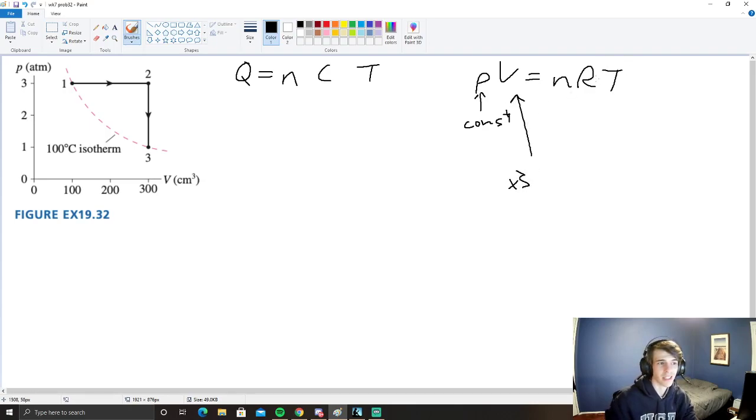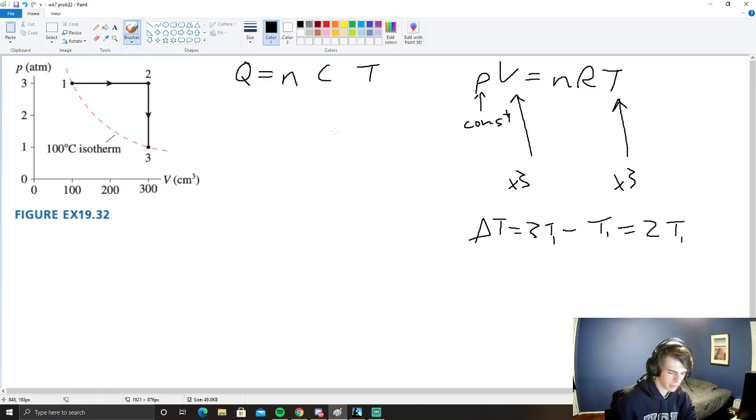Then what happens to T? T must triple. So that's how you find the change in temperature that you need. The change in temperature ends up being 3T1 minus T1, so that ends up being 2T1. Anyway, that's out of the way.